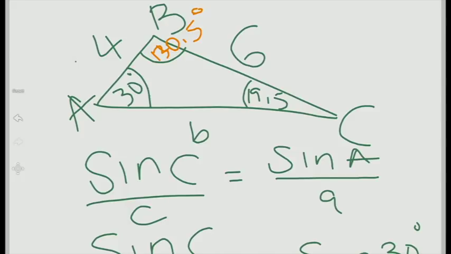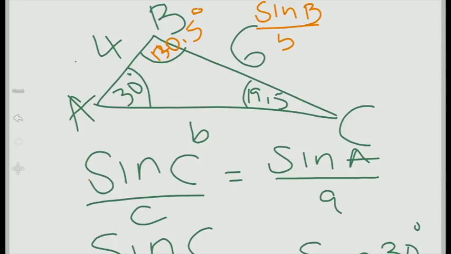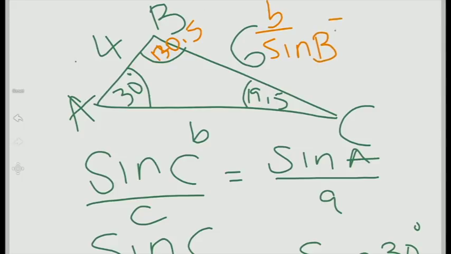So we're going to have sine B over B. But we're looking for B now. It's advisable to put the one you're looking for on top. We were looking for angle C earlier, so we put sine C on top. But now we're looking for side B, so we're going to have B over sine B equals side C over sine C or side A over sine A. It will all work.